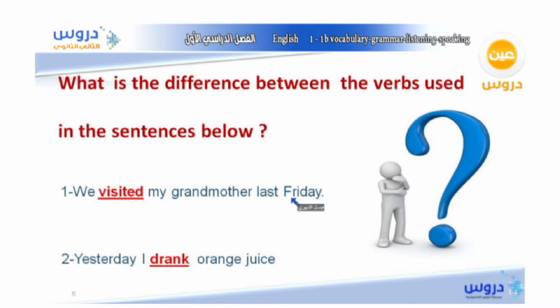Is it we or yesterday? Of course, we are talking about the red words, which are the verbs in these two sentences. So what is the difference you can see between visited and drank? Alright, past. Did you see any difference? Present. Okay, number 1 is present or past?